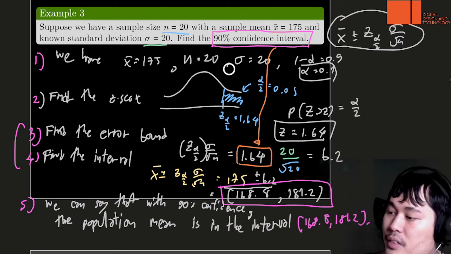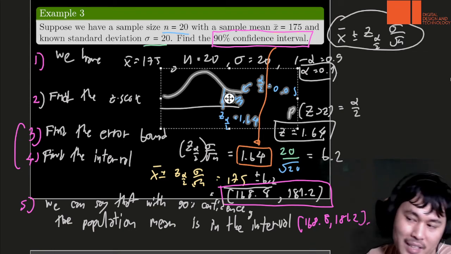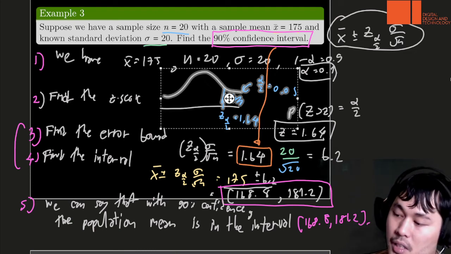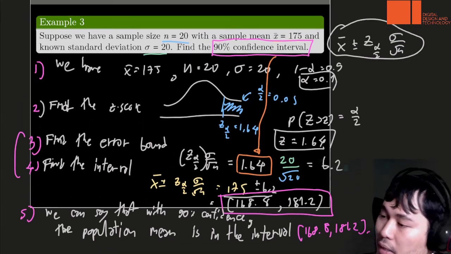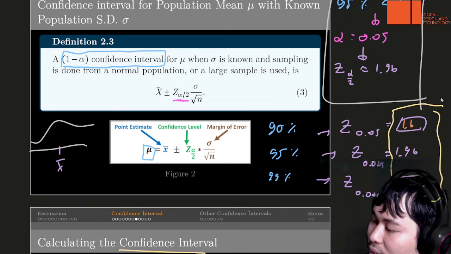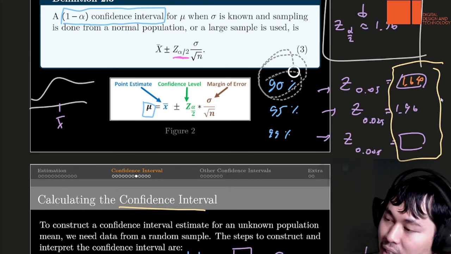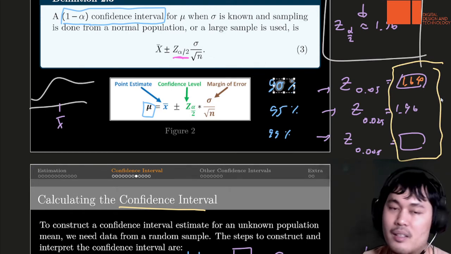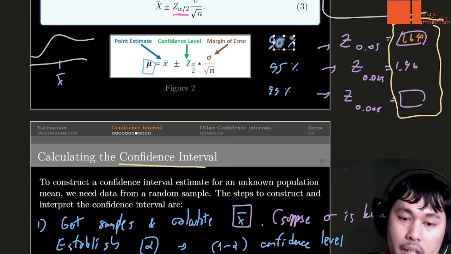This step is fixed: we use the standard normal distribution to get 1.64. That's what I mean by memorizing these numbers. And it makes sense, because when we want to be less confident, we get a narrower interval.